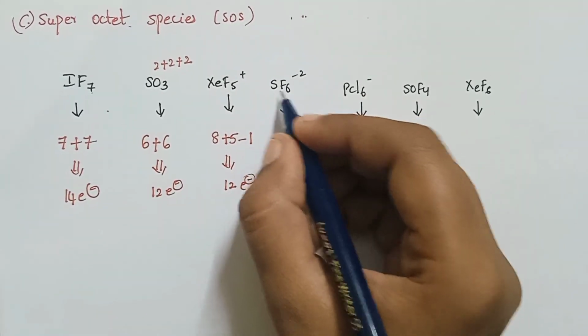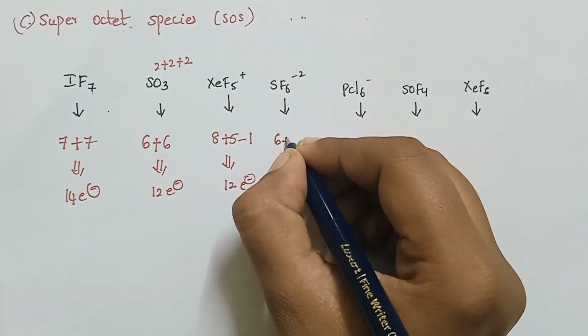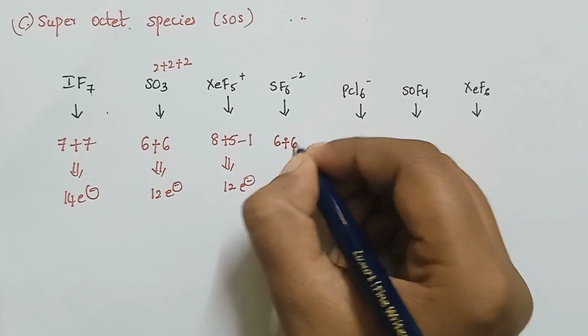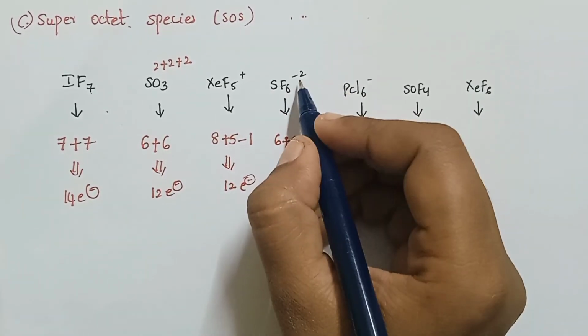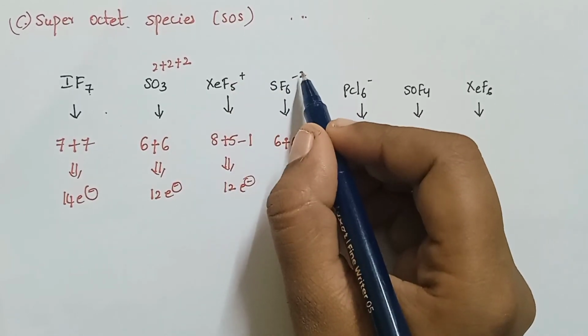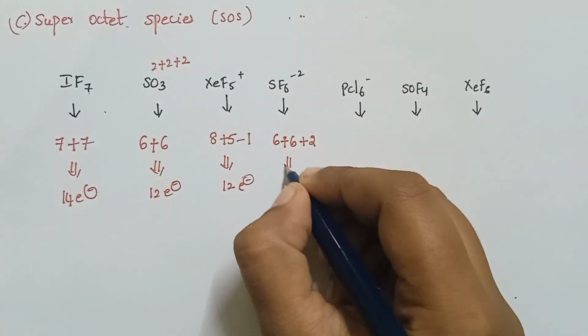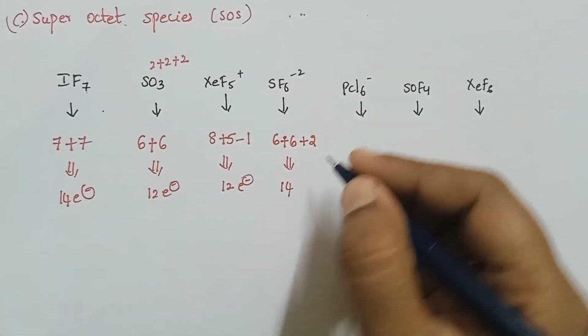The next SF6 minus 2: sulfur 6 plus fluorine 6, minus 2 means it is an anion, adding 2 electrons. 6 plus 6 plus 2, 14.